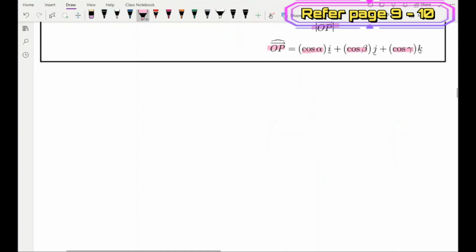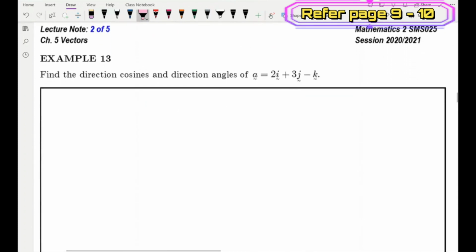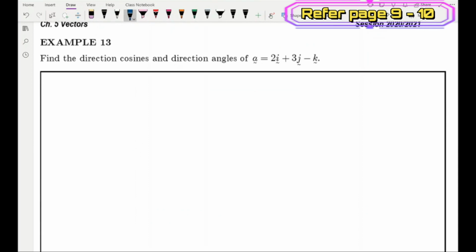Okay, now we look at the example. Example 18. Find the direction cosine. Okay, remember that if the question is direction cosine, that means the answer must be cos. And the direction angle must be in the form alpha, beta or gamma. Of A equal to 2i plus 3j minus k.